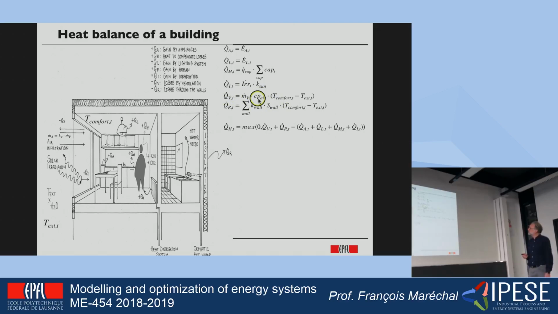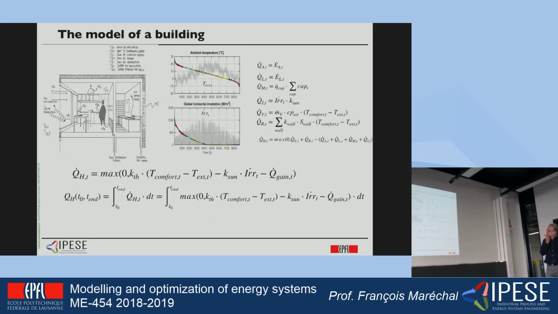We need also to have the flow of the ventilation system, which is not so easy, and I need also to identify what is the K, the fraction of the solar irradiation that creates gains inside the system. And this depends also on the area of the windows and the quality of the windows. So the formula is already quite nice, but then we have said, okay, but can we use measurements?